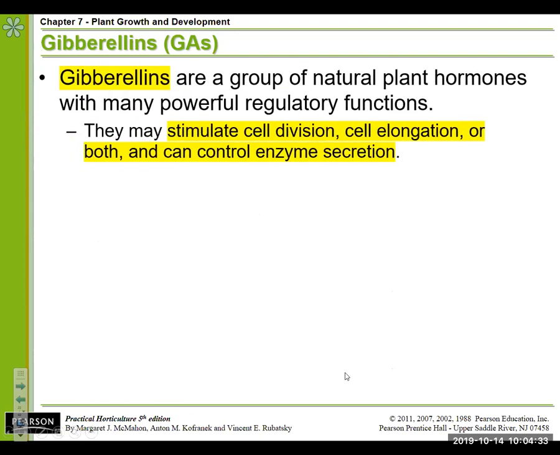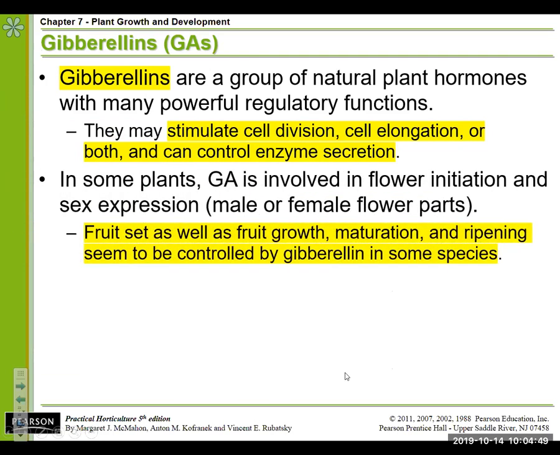The next class is the gibberellins, which stimulate cell division, elongation, and in some cases both, and also control the secretion of particular enzymes. Gibberellins are also involved in flower initiation and whether the plant becomes male or female in its flower.